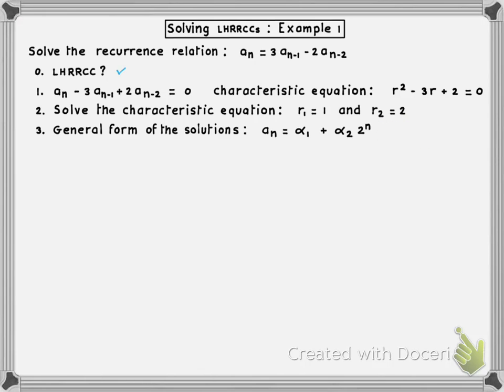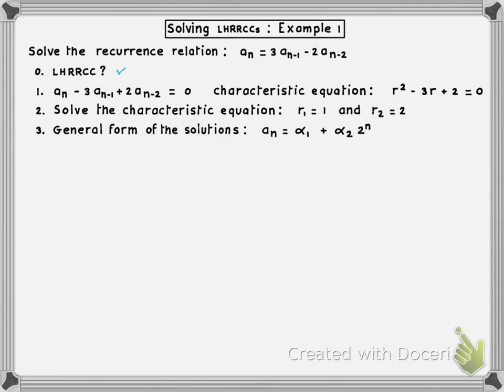This is the general form of the solution that the algorithm gives us. Now remember that every recurrence relation by itself has an infinite number of solutions. Basically, there's one solution for each pair of values for alpha 1 and alpha 2.